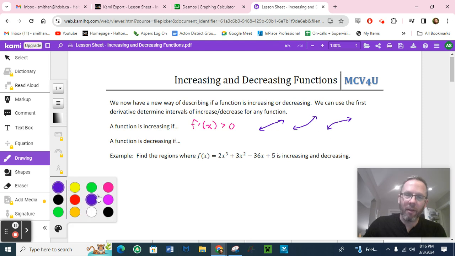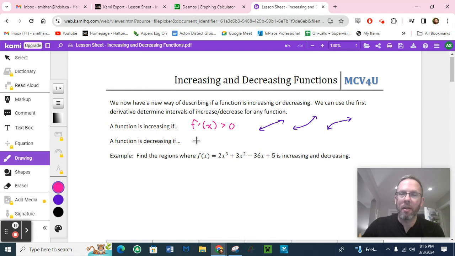And then conversely, a decreasing function has a derivative that's less than 0. And then we can just kind of mirror those drawings. I'll draw a linear function, rough sketch, that's decreasing. Maybe a decreasing exponential function, or the left-hand side of a parabola that opens upwards.